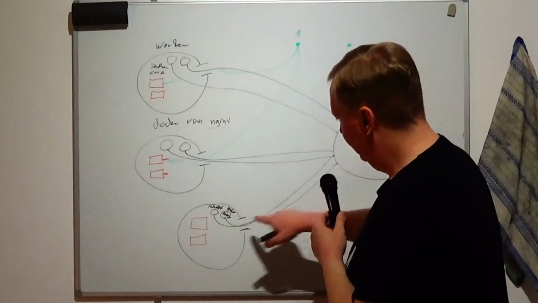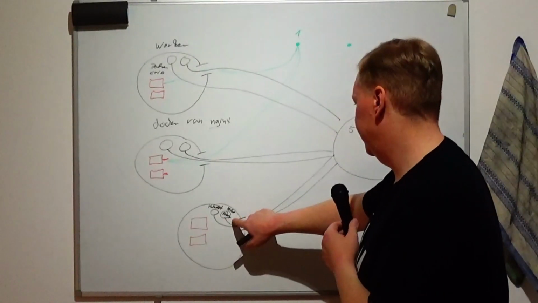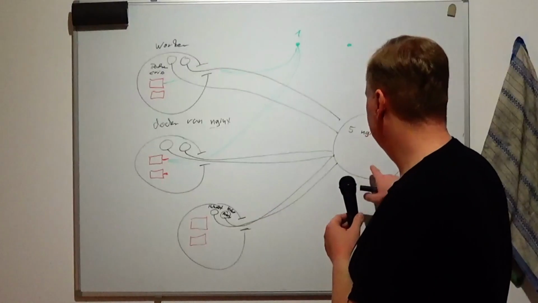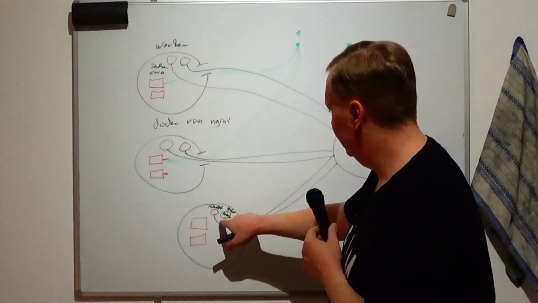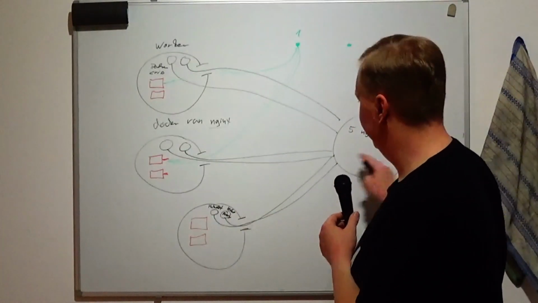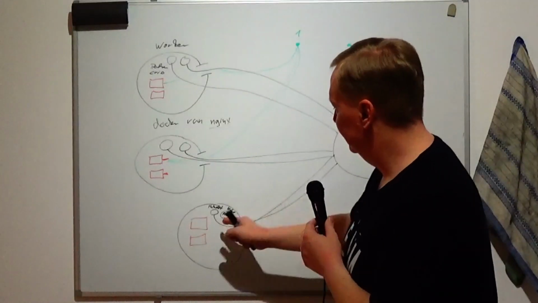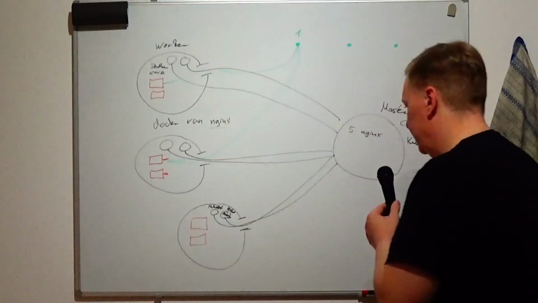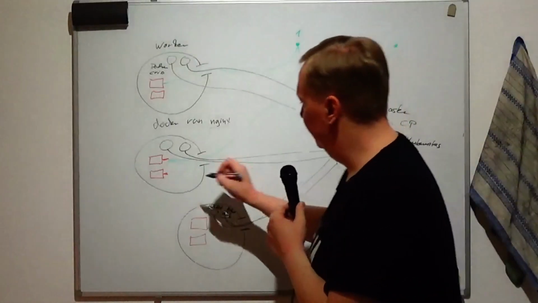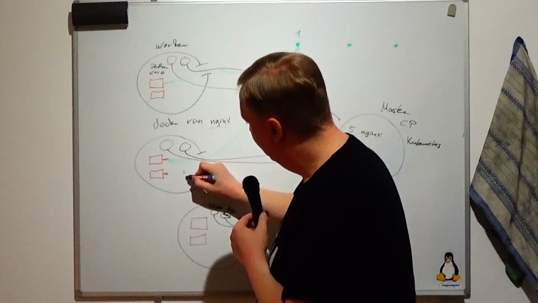And the other thing I've told you about here, this kube proxy, that's a different object with which Kubernetes can communicate. And this thing controls virtual network interfaces.